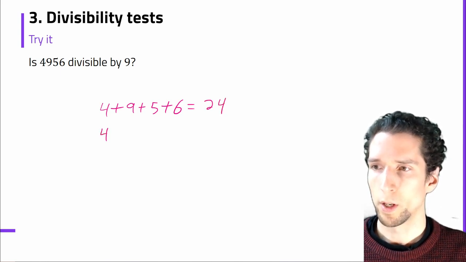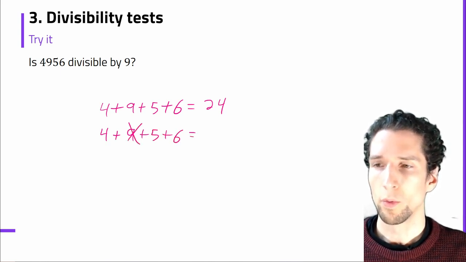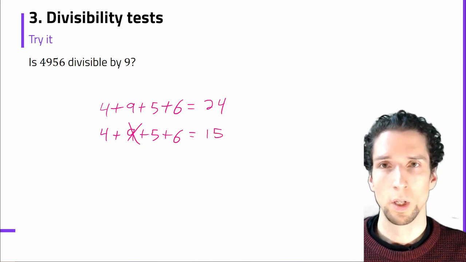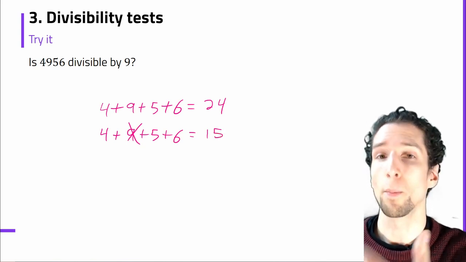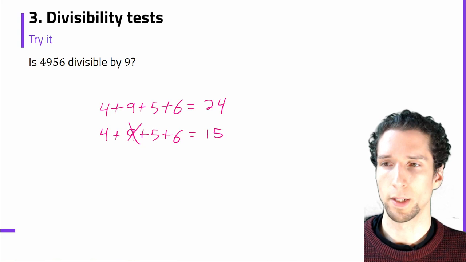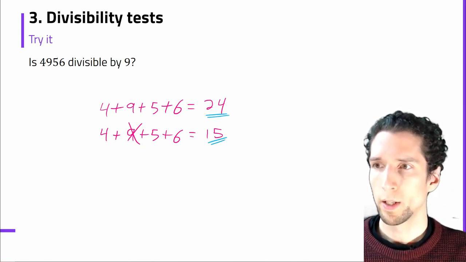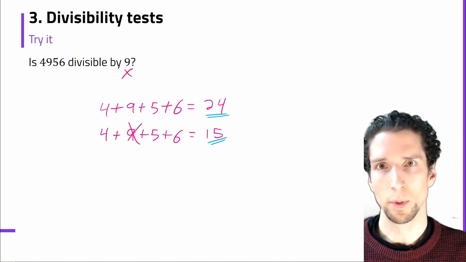And the other way, if we left out the 9, then the result here would be 15. So both are not divisible by 9. They'd also have the same remainder if we did divide them by 9. So that's where we can see the similarity. So not divisible by 9, so the original number not divisible by 9.